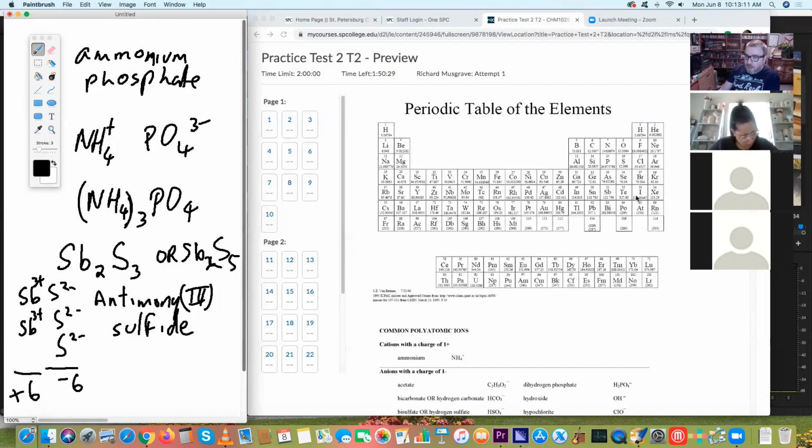Ashley, I want to go back to you and see if I can solve this issue here. With Sb2S3, what we're looking for is the name, okay? The name is going to be in two parts. It's going to be the metal, which is the Sb part, and then you've got the sulfur part as well. That's going to be sulfide.